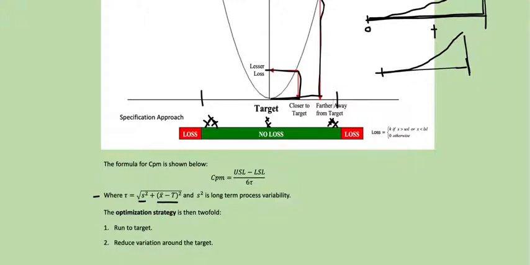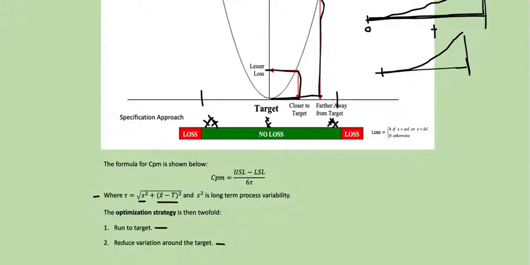Now, if the math is a little bit complicated, or you don't want to get into the quadratic functions and all that, all you have to remember is there are 2 things to look at. One is to run to target and reduce variation around that target as well. So keep that in mind.